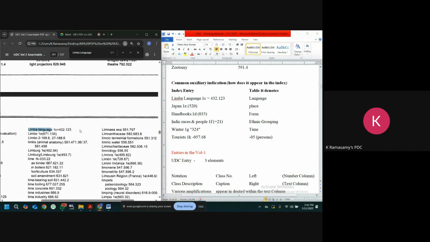So the number for Limba language is 432.123 preceded by the equal sign. The same way, for example, I want to get a number for a particular place, for example Japan. So I look for the term Japan.